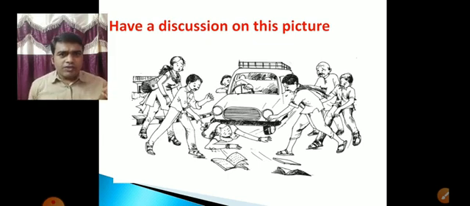So, here we can observe the girl has met with an accident. The people who are around are trying to help that lady. In the sense, whenever people meet with an accident, the other people rush to them in order to help. Why do the people go to help in such a condition?